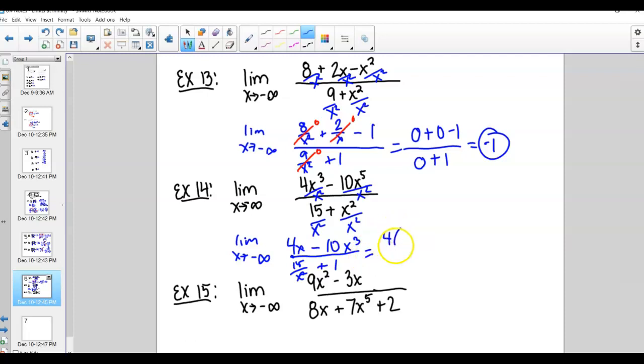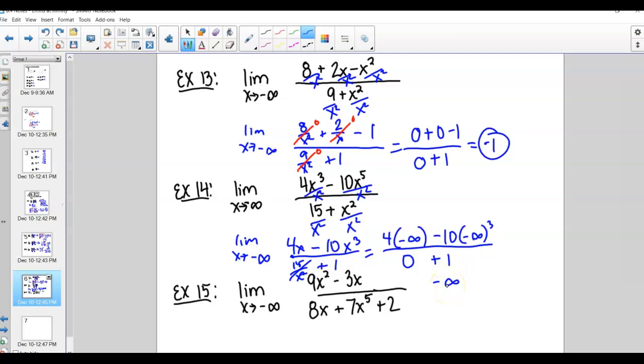So I've got 4 times negative infinity minus 10 times negative infinity to the third over, this will be 0 plus 1 because you have an x in the denominator here. So we've got to do this a little bit like we were doing example 7 and 8. This is going to give me 4 times negative infinity is going to give me negative infinity.